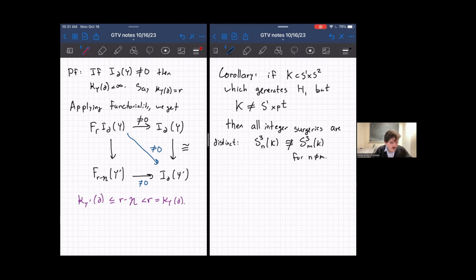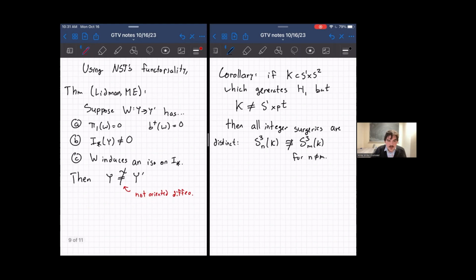And to see this, I'll give away the second key tool in trying to use this result. The hard part is finding a map which induces an isomorphism on I star. If that's going to happen, you should have a good reason to know that that's true. It's probably not going to happen by pure luck. Well, where do I see things which constrain the behavior of a map? From exact triangles.